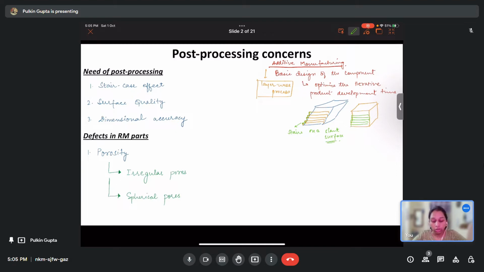Whenever this kind of inclined geometry is encountered, there is formation of stairs, and this is known as the staircase effect: a stair-like formation during discretization because of inclination in geometry.